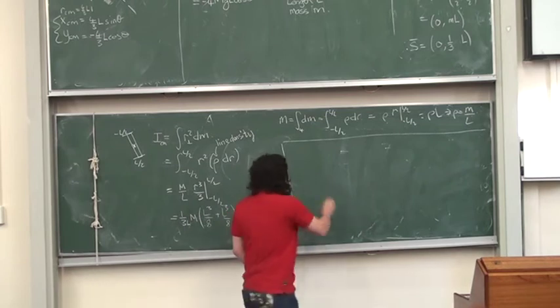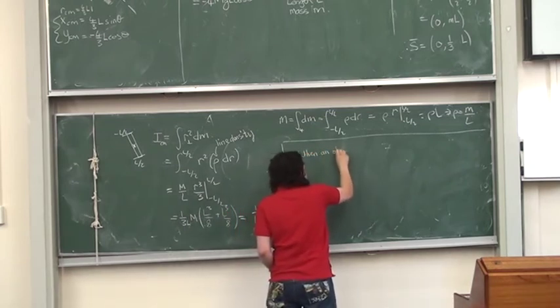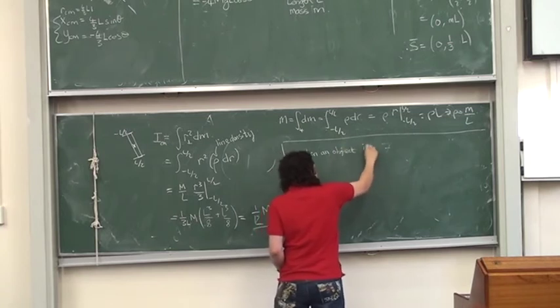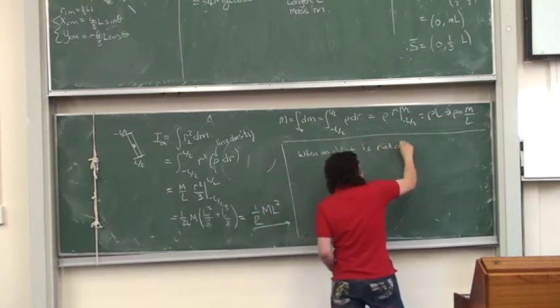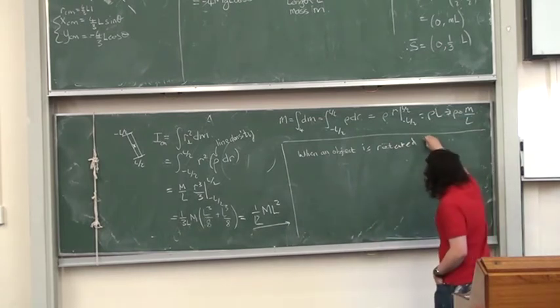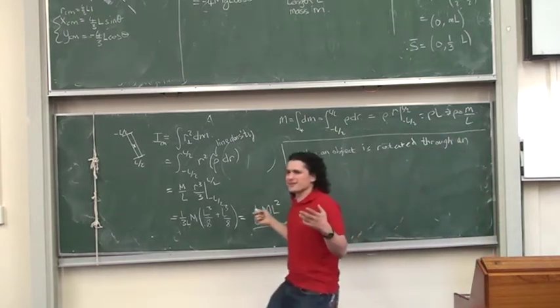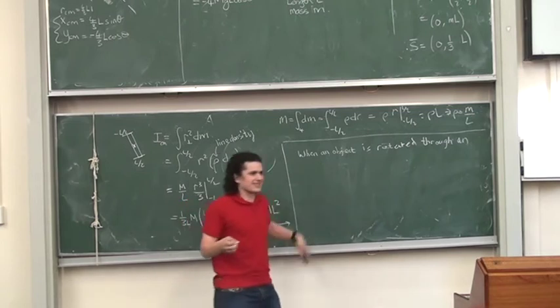It says when an object is rotated, I don't know, it says something like this, don't copy this down. I mean, you can write this in so many different ways. I don't want you guys to go memorizing definitions now.